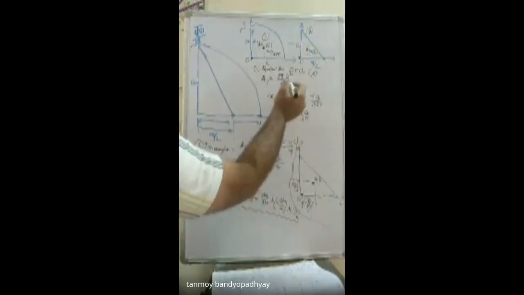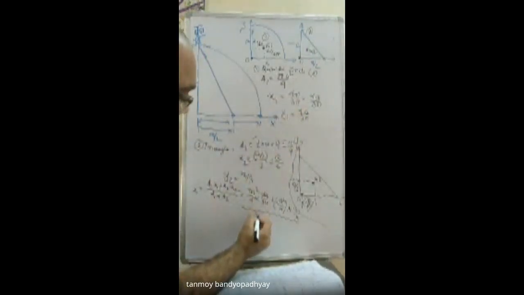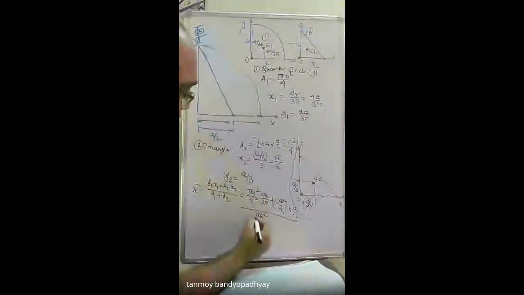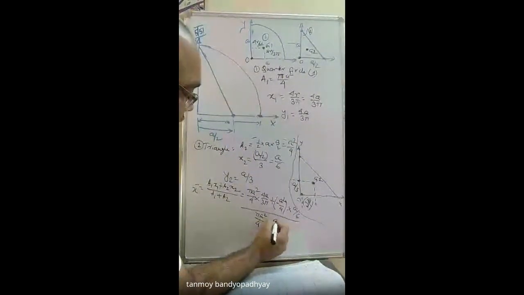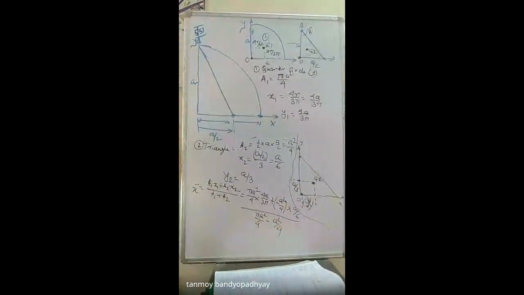So a1 plus a2 will be pi square by 4 minus a square by 4. Just calculate x bar and see whether it matches with the answer we calculated for the first problem in this class.